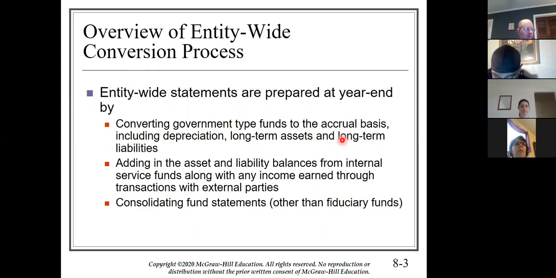They add in the long-term liabilities. Then the internal service fund is added in with all of its accounts, and then they're consolidated together, except for fiduciary funds. And as we saw last time, you don't include those because the government doesn't actually own the money that's in them.